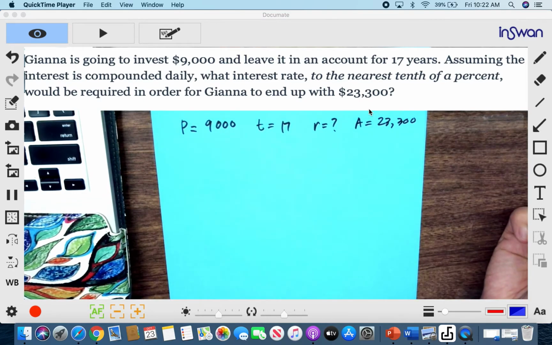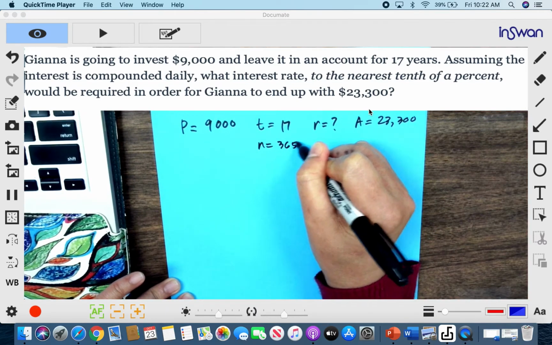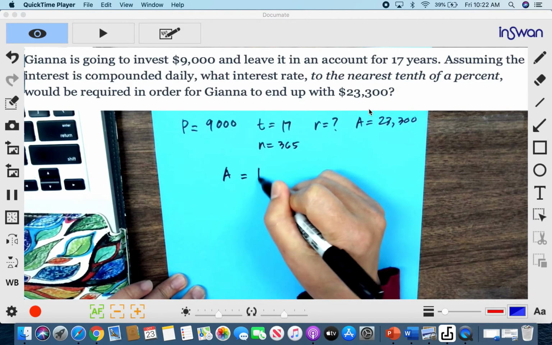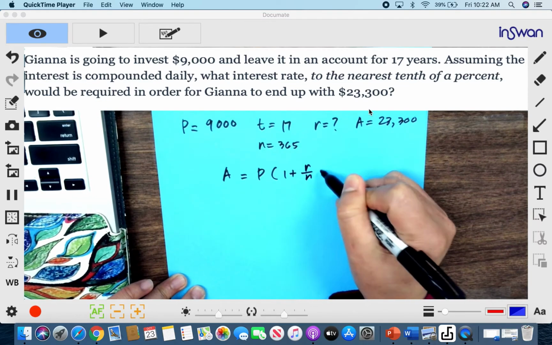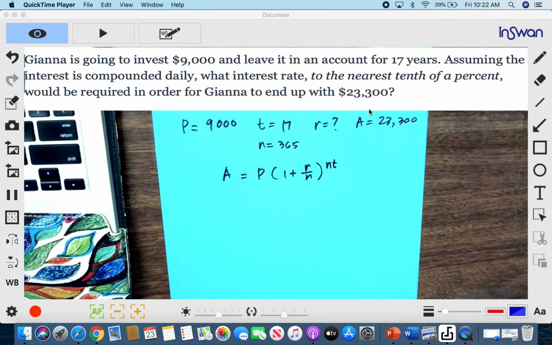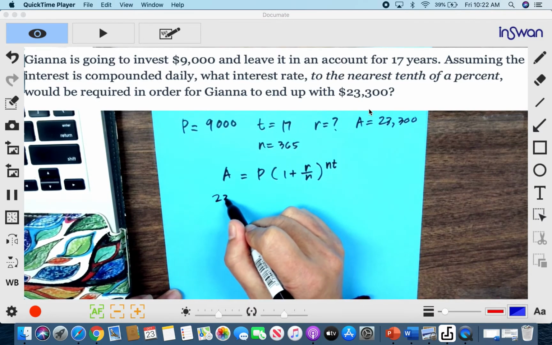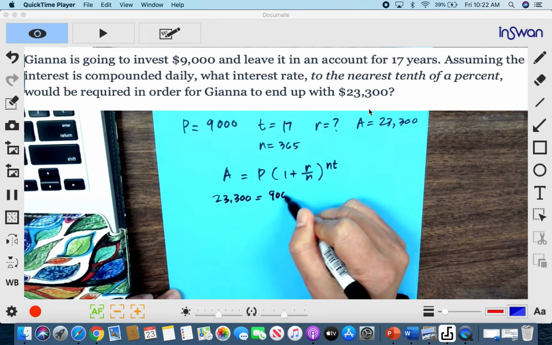Okay, since it is a compound interest daily, our term of interest is 365 in a year. So we will use this formula because as it was stated in the problem, it is compounded daily, making it a compound interest problem. So our A is 23,300 and our P is 9,000.